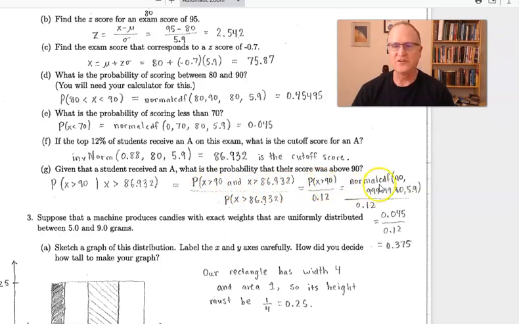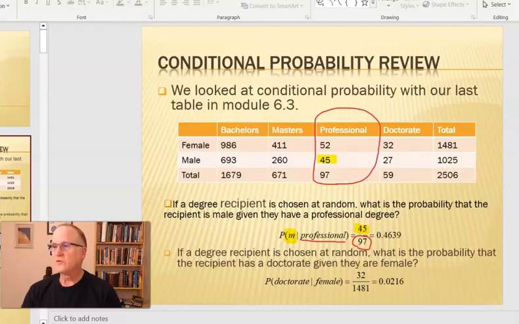And of course, we have a TI application that helps us figure that out on our TI-84 to get a value. There's another way we can look at this, though, that'll get us to the same result and tie into something that we saw earlier. So if we go back to some of what we saw back in Module 7 and also 6.3, we were talking about conditional probability.